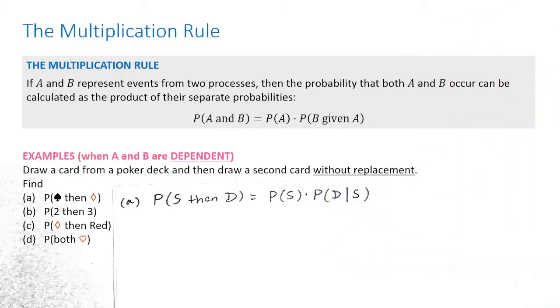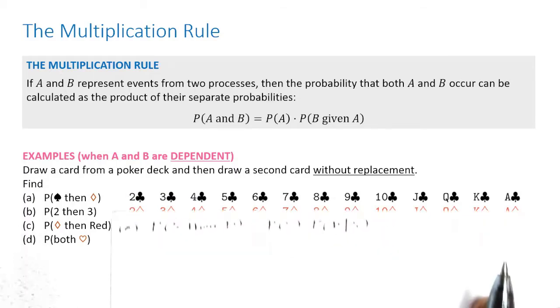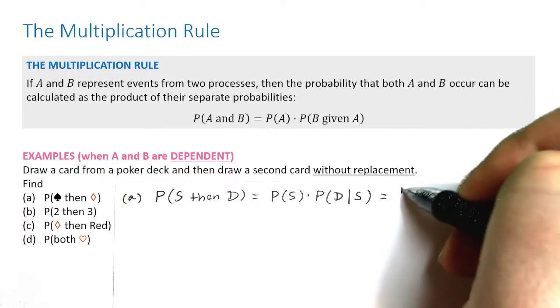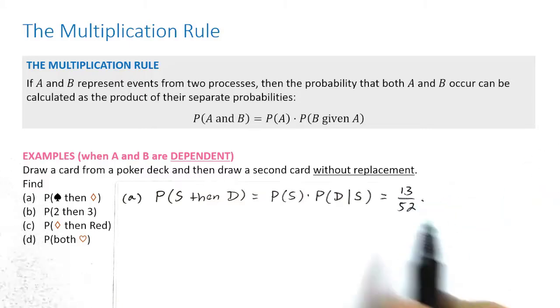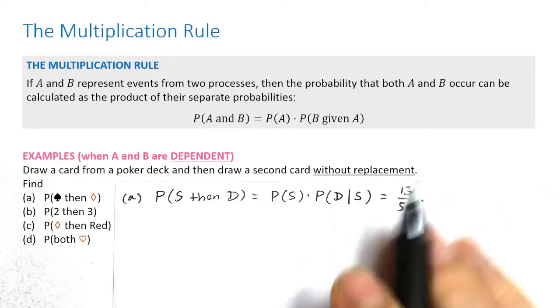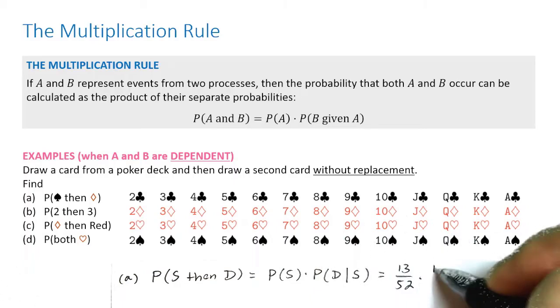that I drew a spade. Okay? Well, the probability of a spade is there's 13 spades in the deck, and there are 52 total cards in the deck. So the probability of getting a spade is 13 out of 52. Now, what's the probability of drawing a diamond given that I drew a spade? Well, there are 13 diamonds in the deck, so 13.